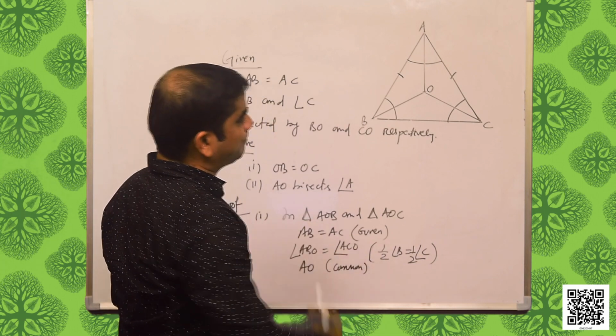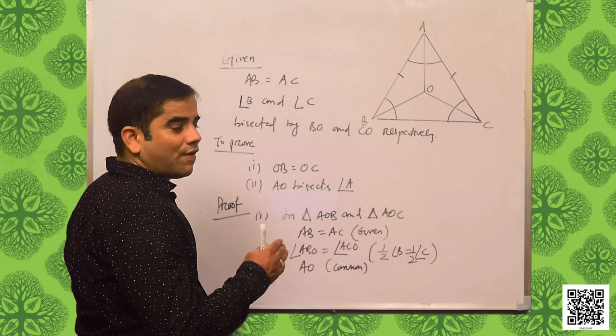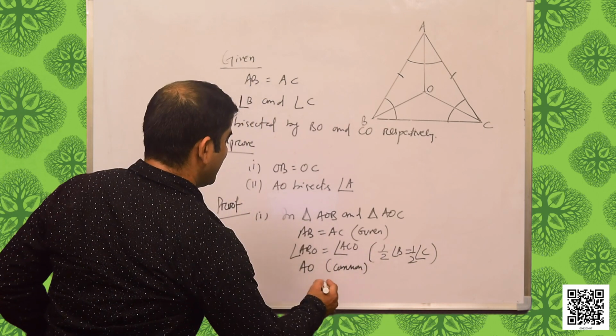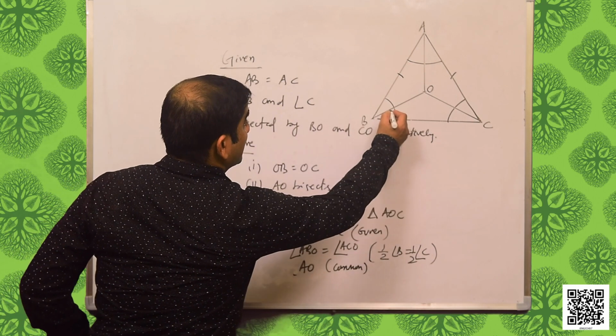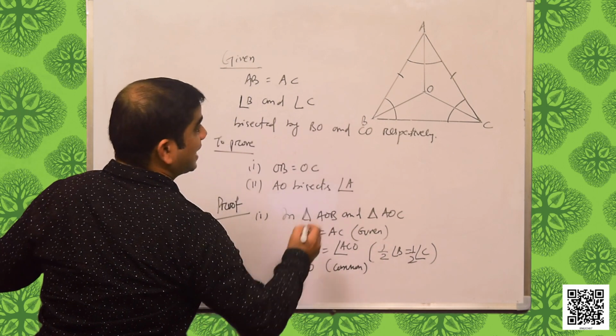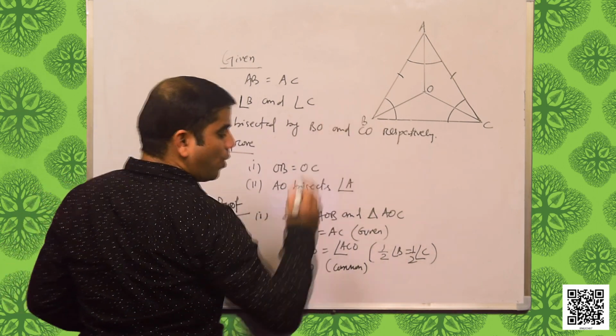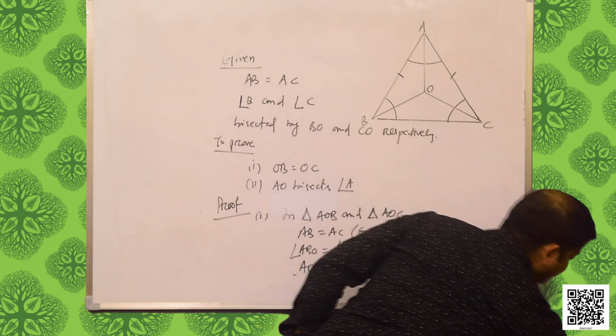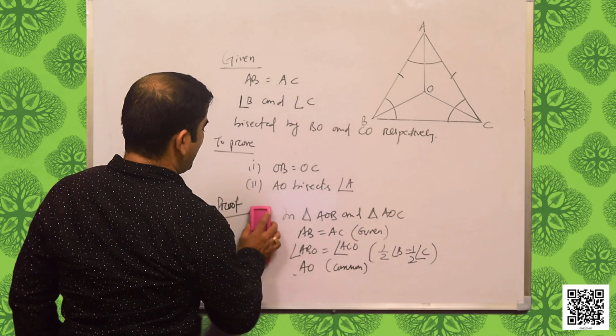But from here, we found that half of B is equal to half of C. Let us concentrate on triangle BOC.